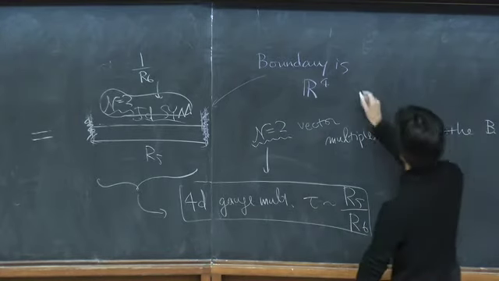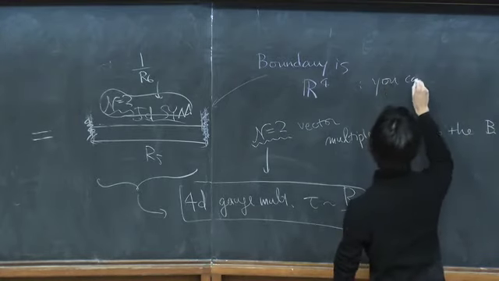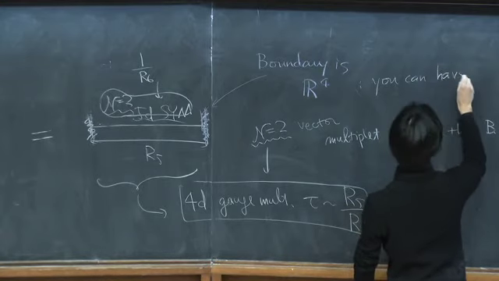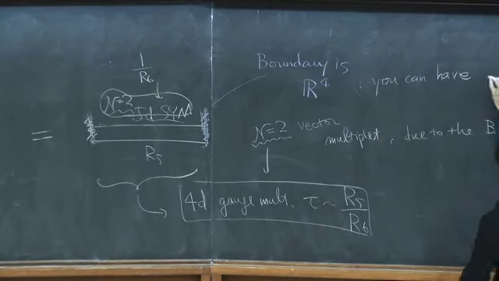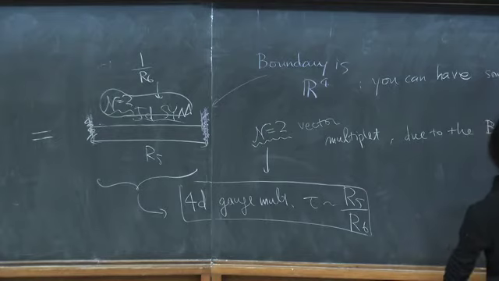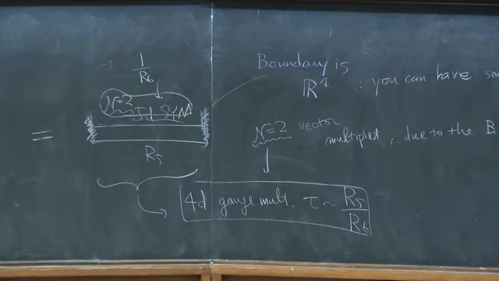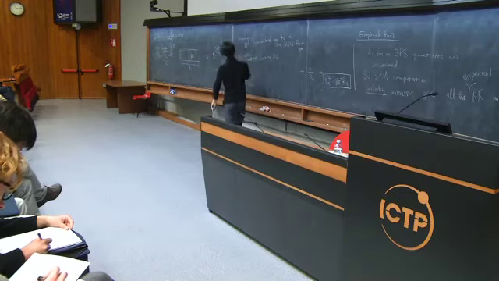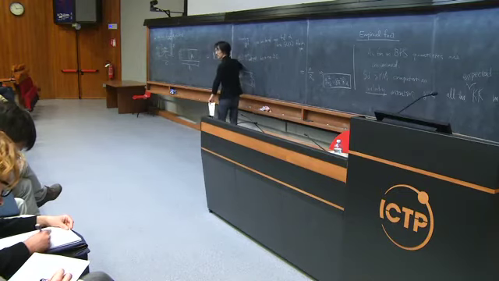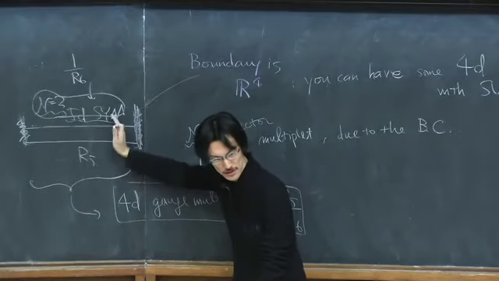So you can have some 4D theory with SU2 flavor symmetry here, living on the boundary, that couples to the bulk.